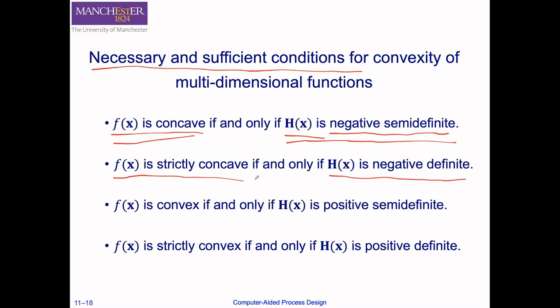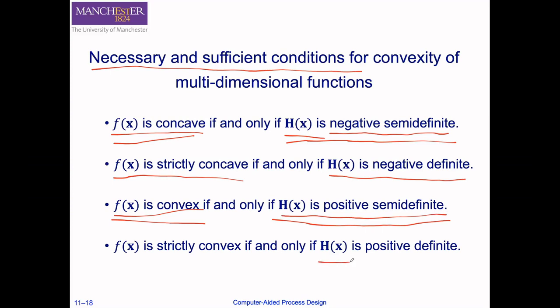The reverse is also true. If the Hessian matrix is positive semi-definite, then this function is convex. If the function f(x) is convex, then the Hessian matrix is positive semi-definite.